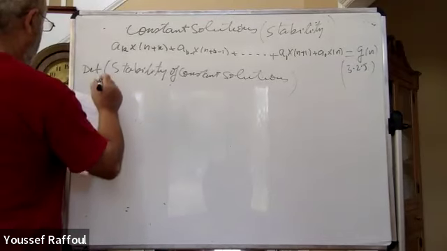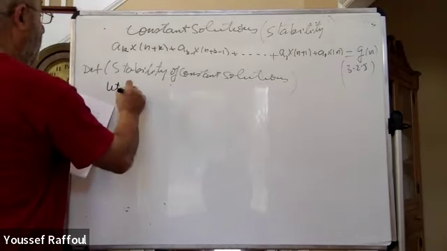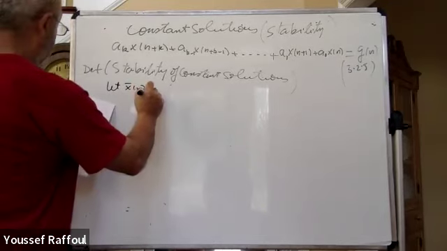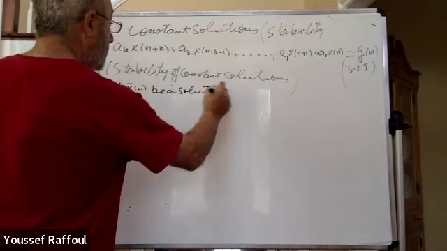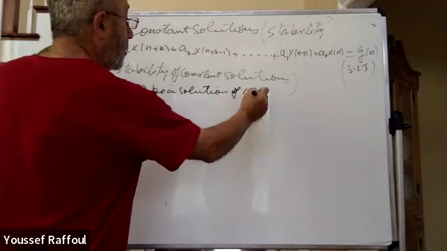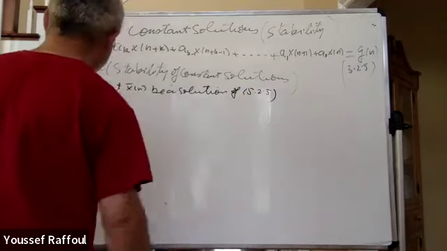All right. So let x star of n be a solution of 5.2.5.